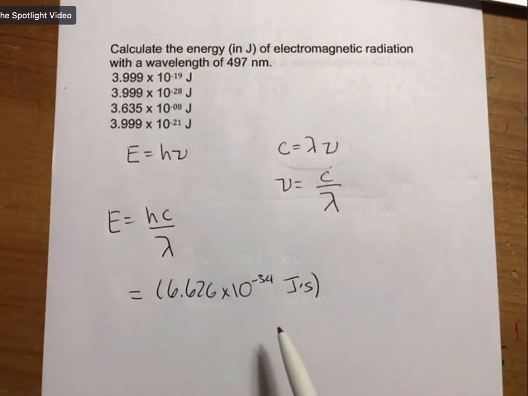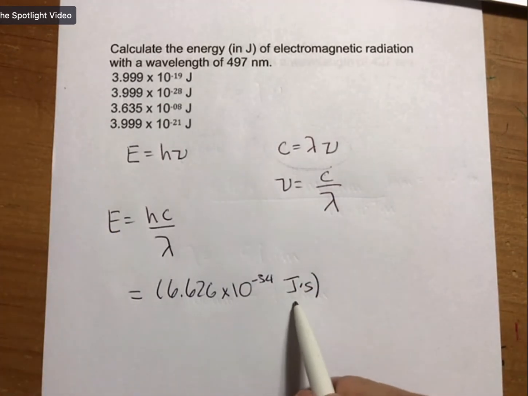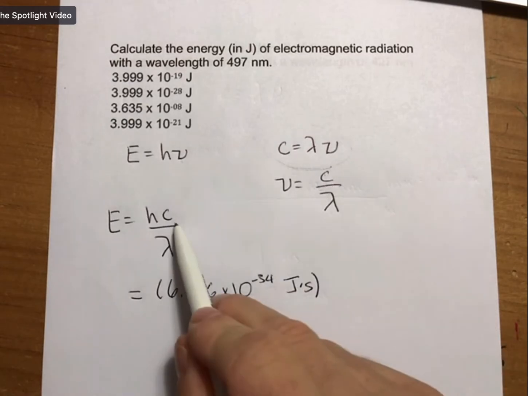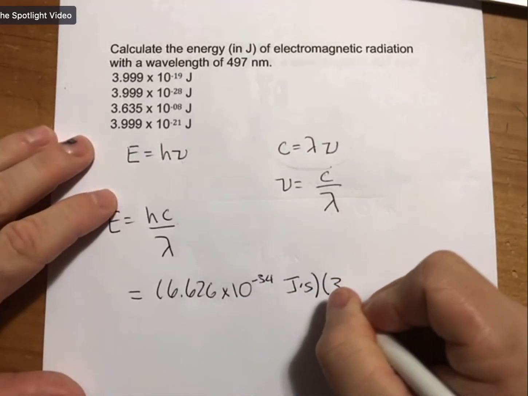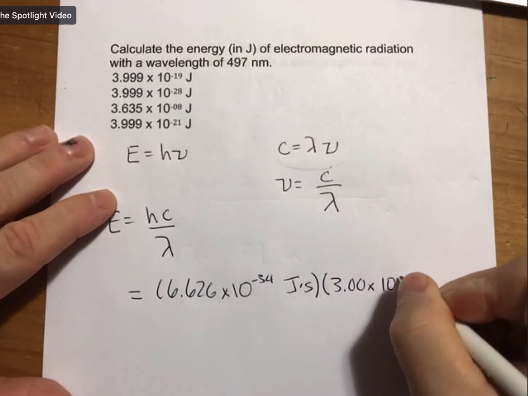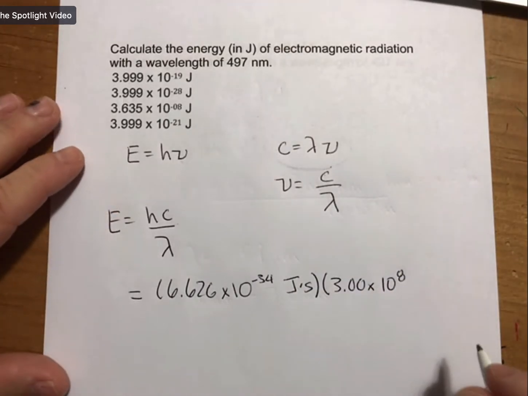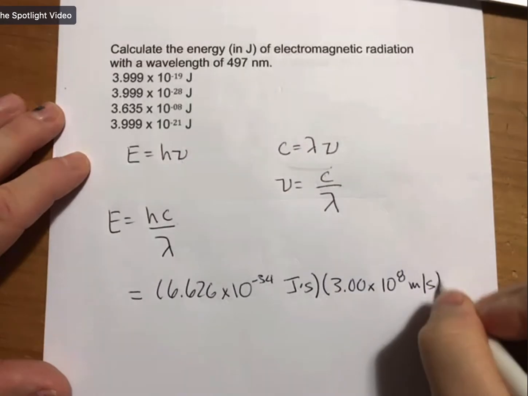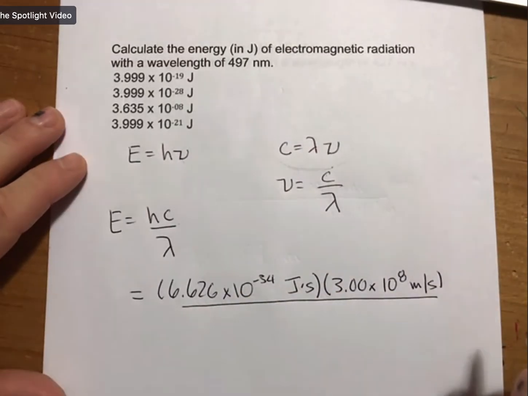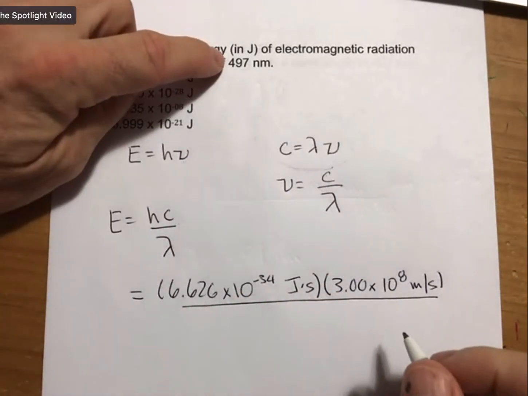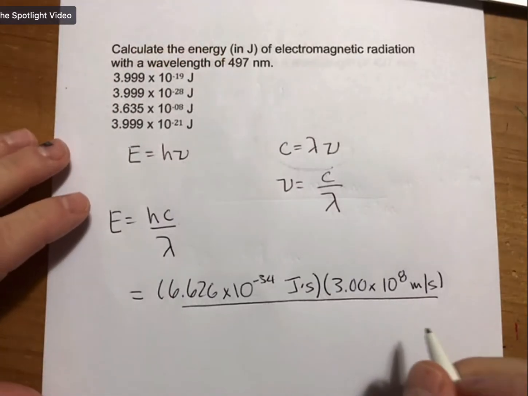Okay, so we've got h, which is Planck's constant. We've got the speed of light that we need to plug into this equation, 3.00 times 10 to the 8th meters per second. And we've got wavelength, which is given as 497 nanometers.